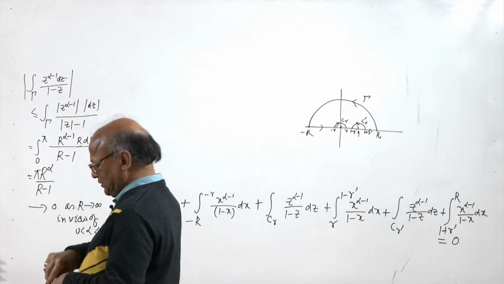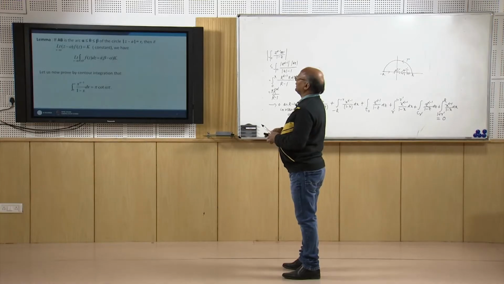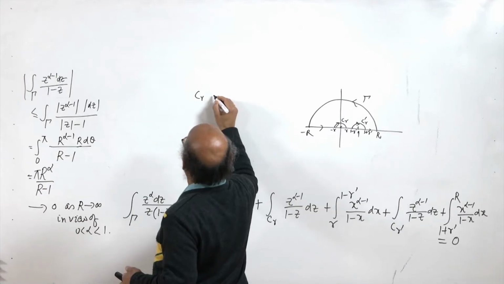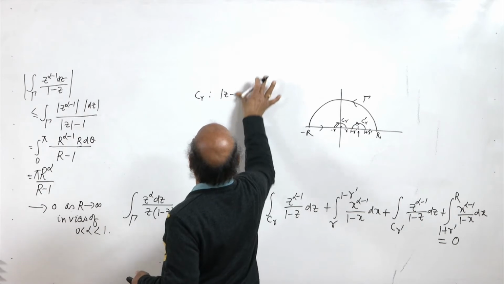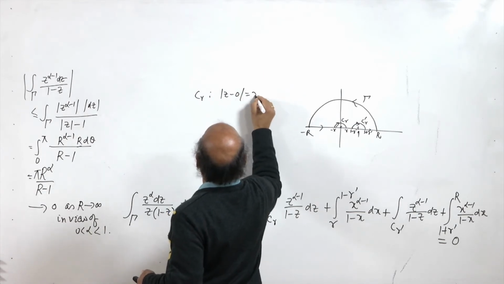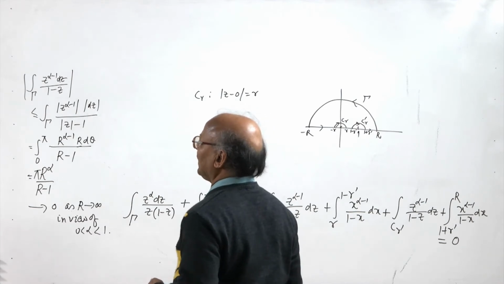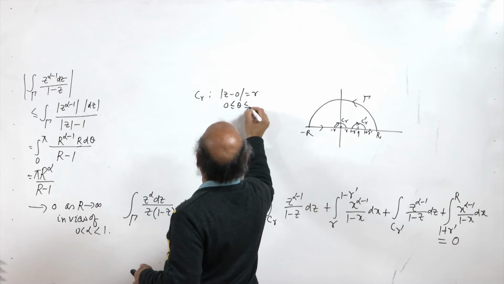In the lemma, what we have said, if the arc is alpha less than or equal to theta less than or equal to beta of the circle, mod of z minus a equal to r. So, CR is the arc of the circle mod of z minus a equal to r, where 0 is less than or equal to theta less than or equal to pi.